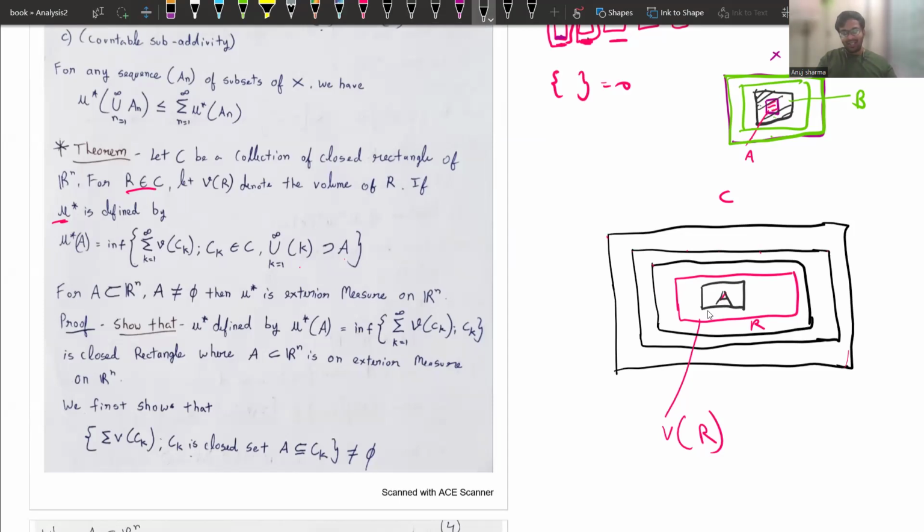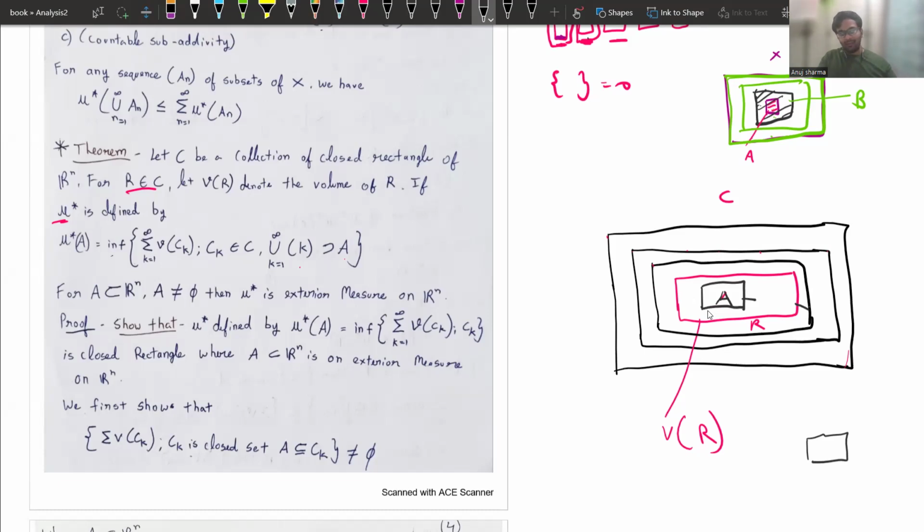You can think of it like A is a small book on a big table, and on the big table we keep a large book, and on top of that one smaller book, and on top of that one smaller book, and one smaller book. The smallest book will be contained in all the other books, right? So this is what it is telling.